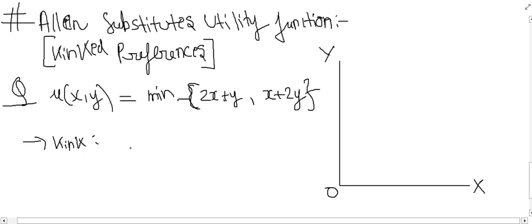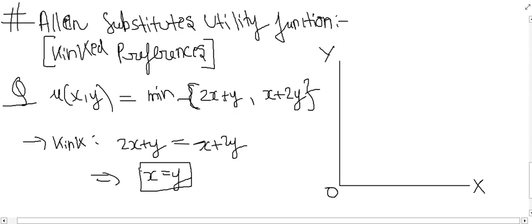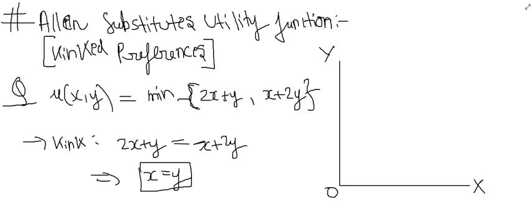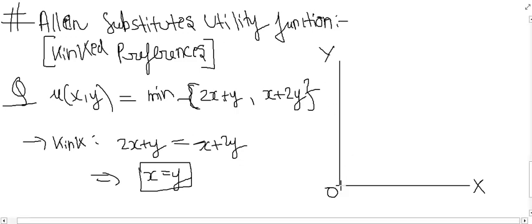From the perfect complements case, you must be remembering, we would have 2x plus y equals x plus 2y, and this implies x equals y. So let's draw the x equals y line. Let's draw it cleanly. Now we have drawn the kink line, which is x equals y.